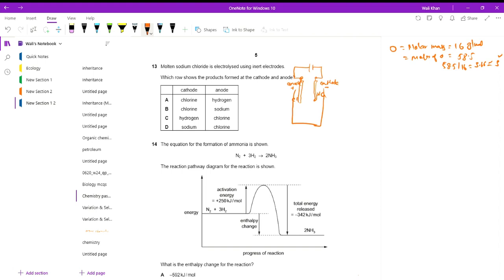So chlorine will be at the anode and sodium at the cathode. So the best option is D. At the cathode, sodium, and at the anode, chlorine.